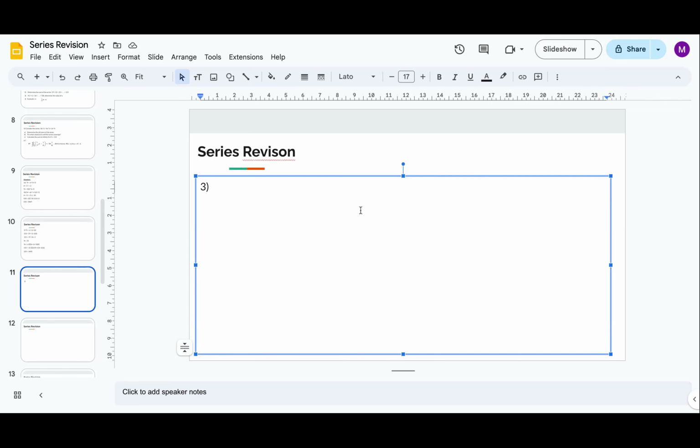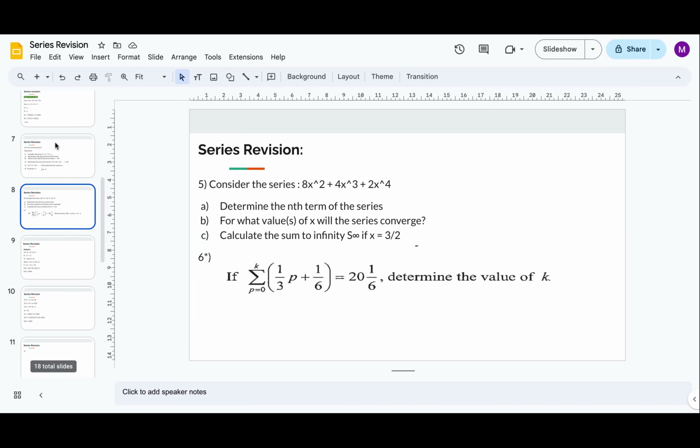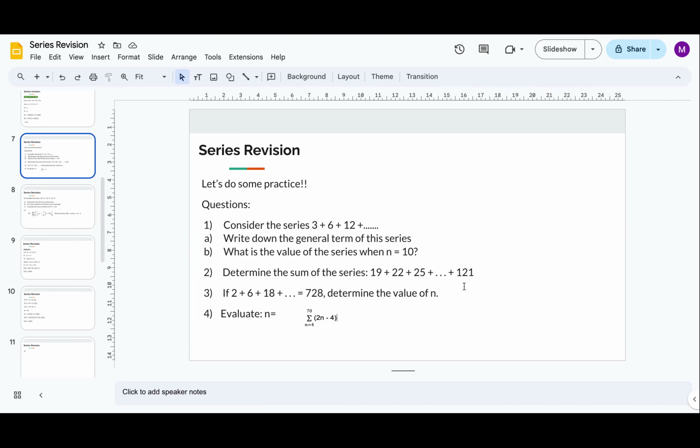So let's analyze this question quickly, guys. I have 2 plus 6 plus 18 is equal to some Sn value of 728. As always, the first thing we want to do is determine exactly what kind of series we are working with here. Are we working with a geometric series? Are we working with an arithmetic series?